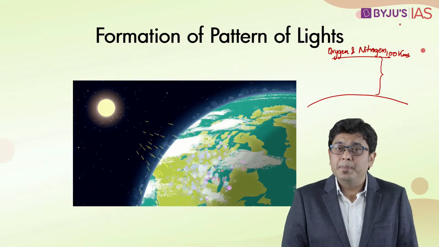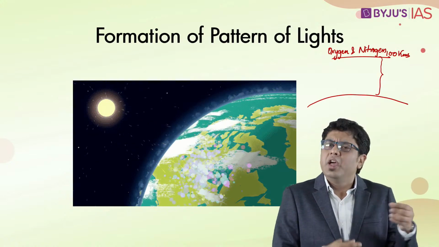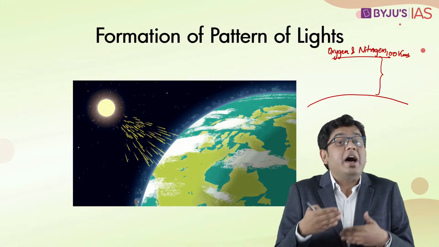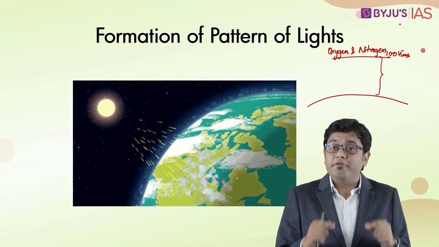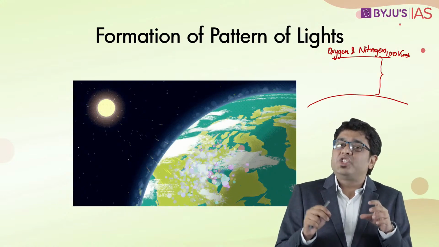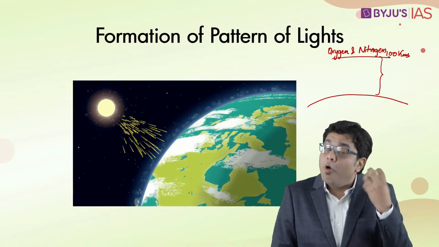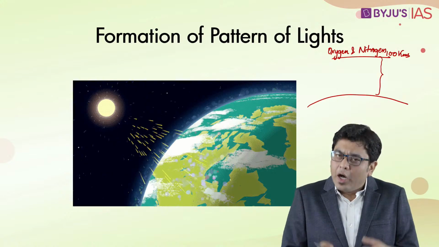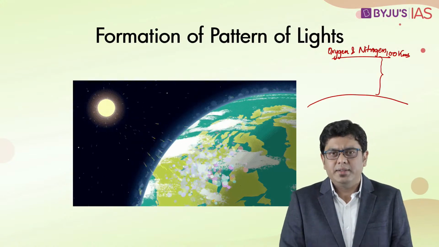What do we mean by that? So when you have charged particles, charged electrons, traveling across such a large distance, obviously they would have gained a significant amount of velocity. Along with that velocity, there is also the presence of the charge. So when that charged particle bombards the oxygen and nitrogen molecules present high up in the Earth's atmosphere, the oxygen and nitrogen molecules also get excited.